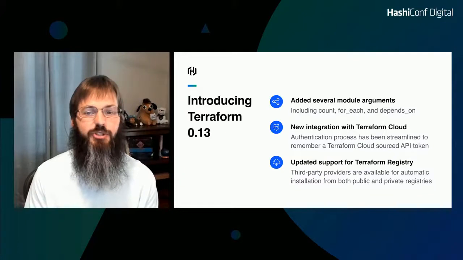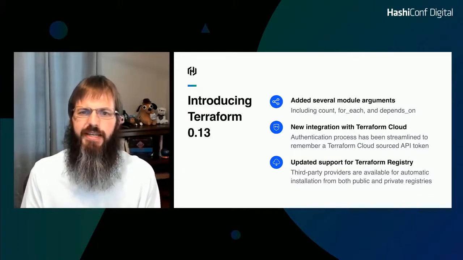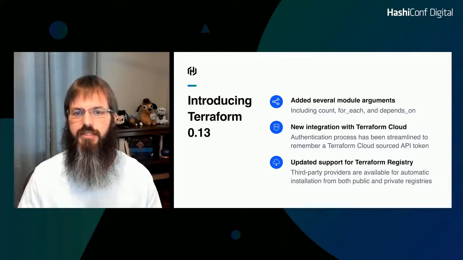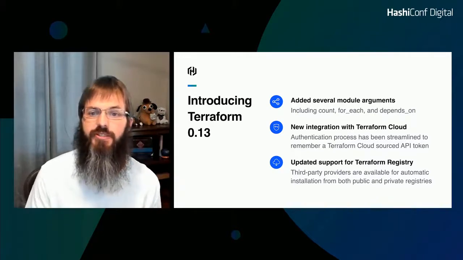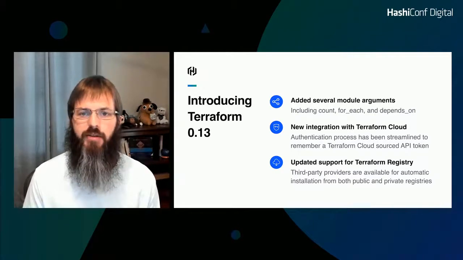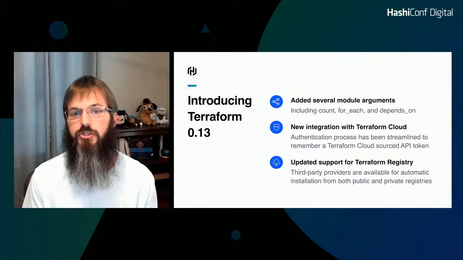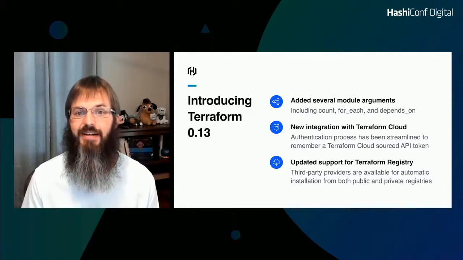Some of the things you should really be looking forward to are how we're making modules first-class citizens within the Terraform environment. This is due to new arguments that we can include in the module blocks, such as count, for_each, and the one that I know a lot of people have been looking forward to, depends_on.